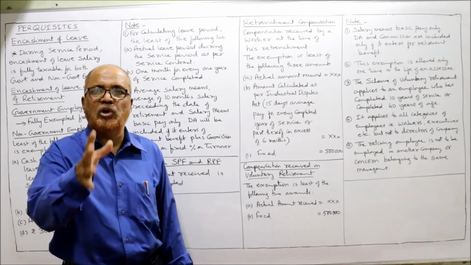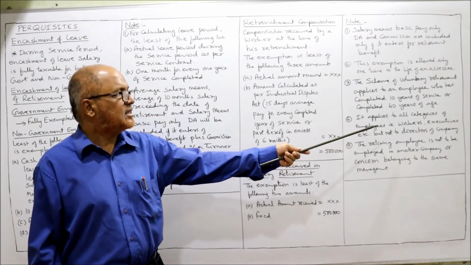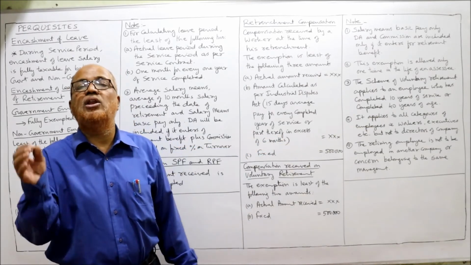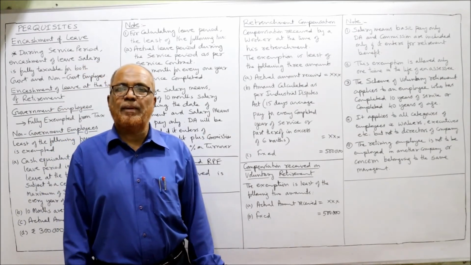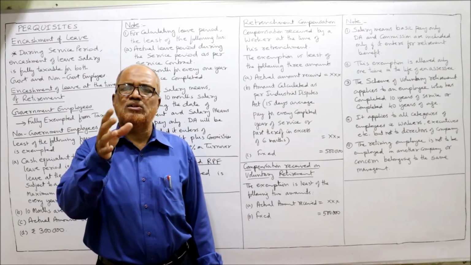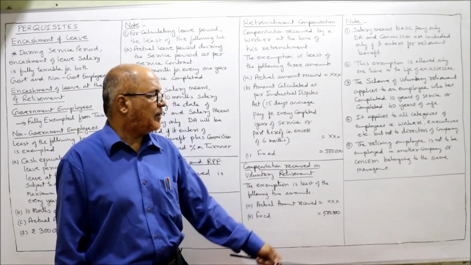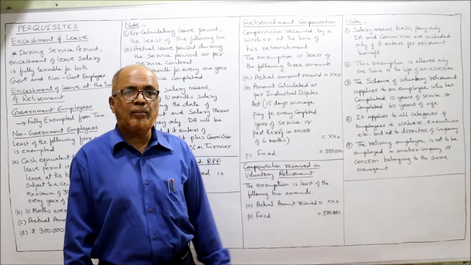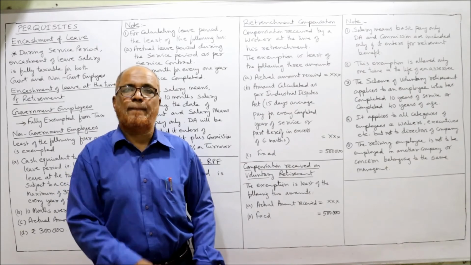Actual amount received is fully taxed. Third, it applies to all categories of employees, that is workers, executives, but it will not apply to directors. So this provision will be applied to all types of employees, workers, executives, managers, everybody except the directors. On directors, this law will not apply. The retiring employee is not to be employed in any other company or concern belonging to the same management.